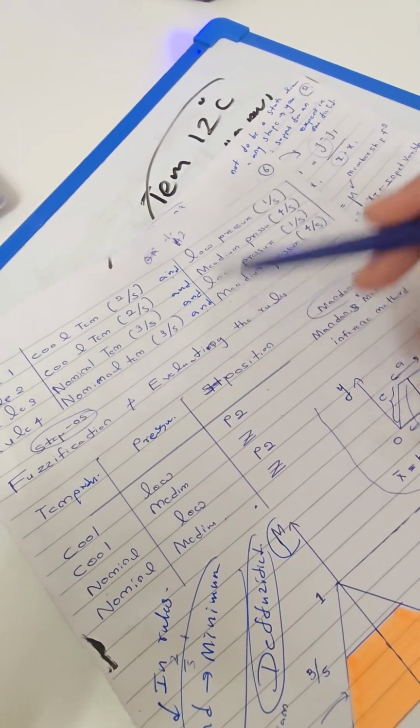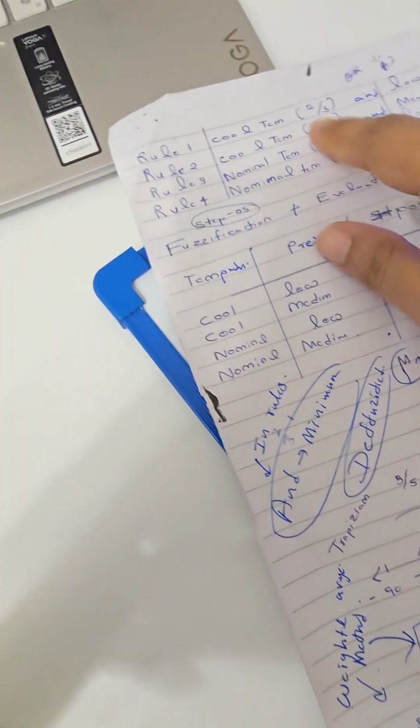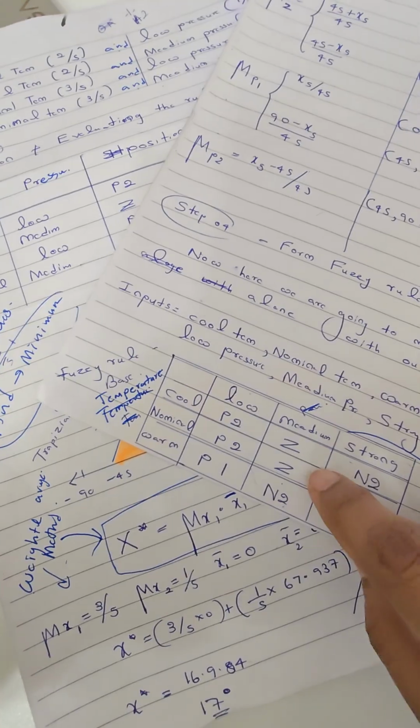You have to find them for your own rule set. Maybe you can change this rule set. For this rule set, I found my outputs from my rule base.